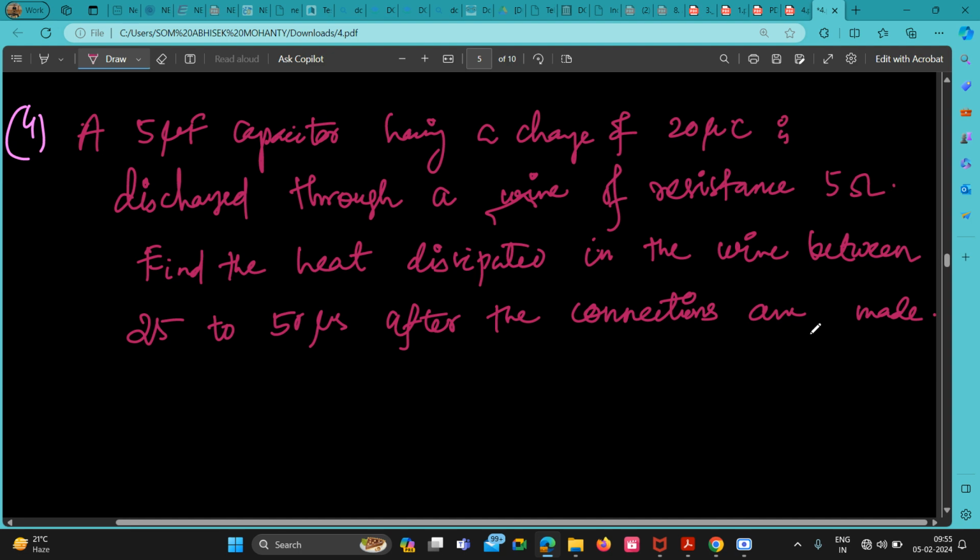Find the heat dissipated in the wire between 25 to 50 microsecond after the connections are made.